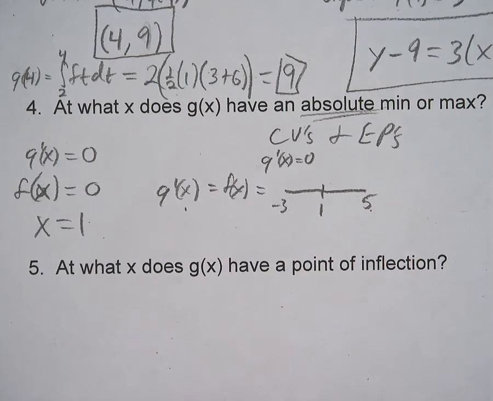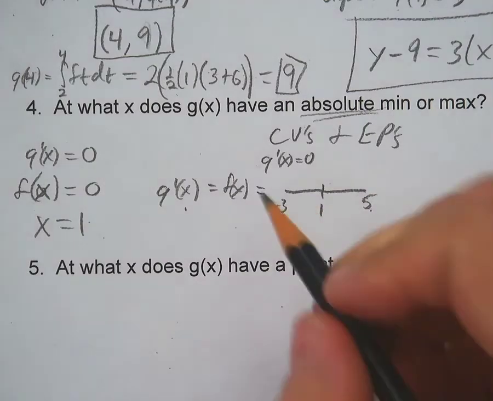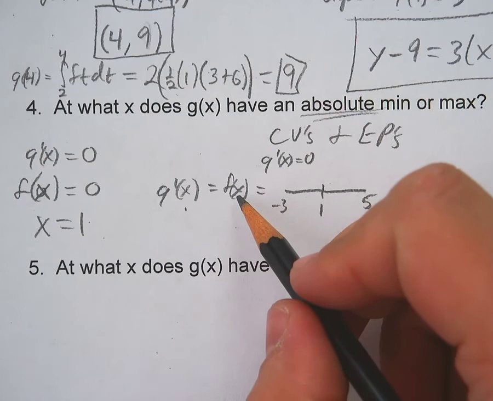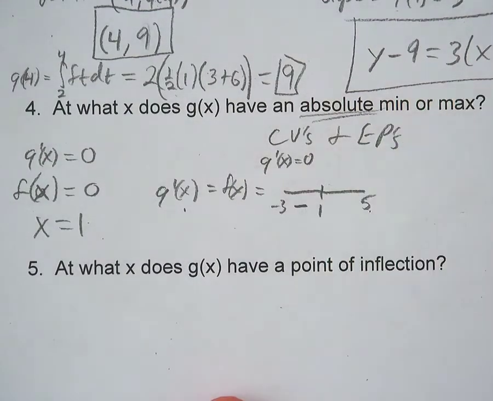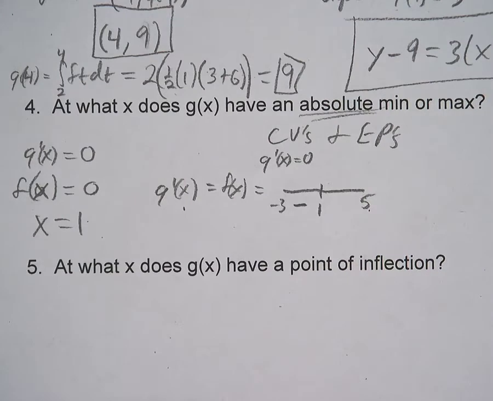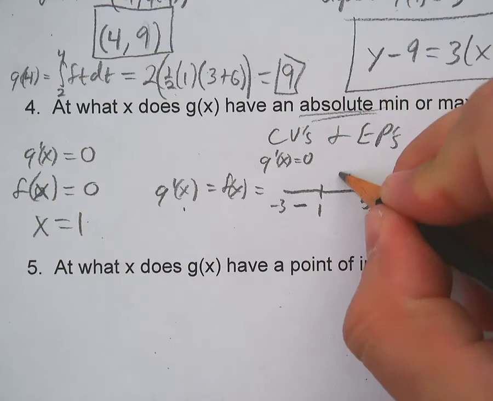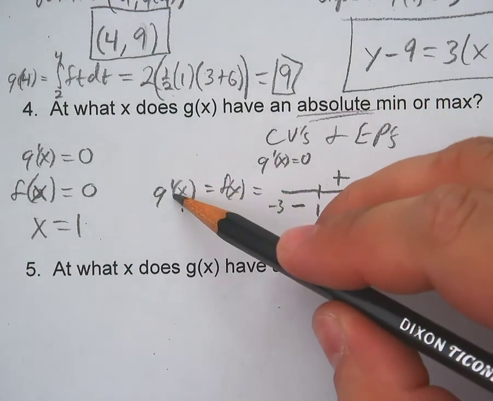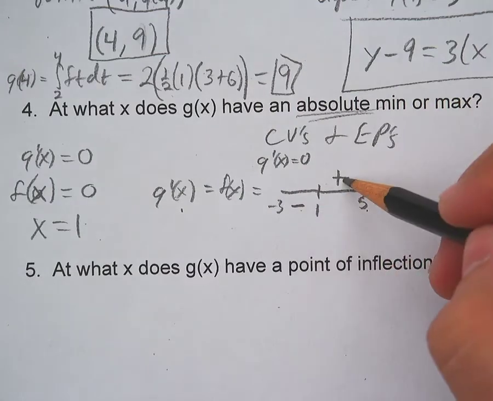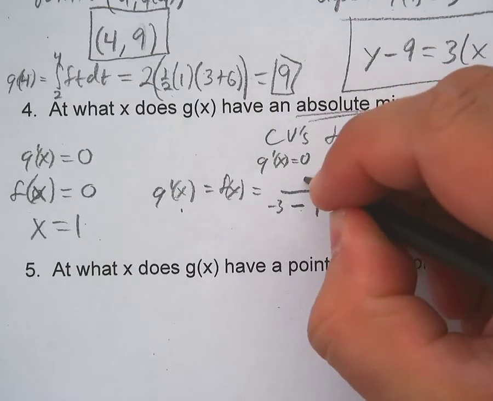This is the graph, right? Is it positive or negative between -3 and 1? Well, it's all negative. Is the graph positive or negative to the right of 1? Well, it's all positive. So the slope of g goes from negative to positive. So we have a min, right?